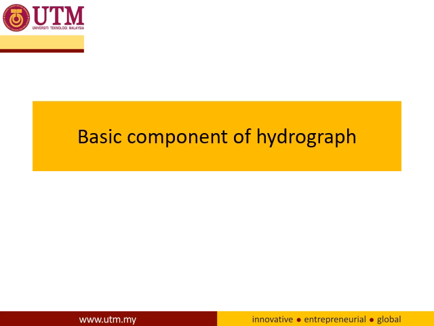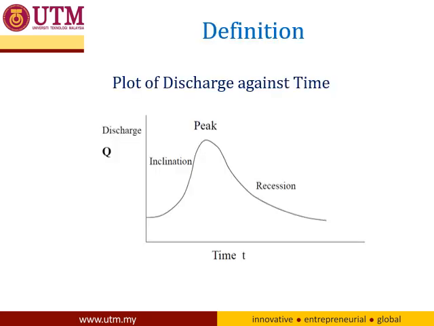So what are the basic components of hydrograph? Okay, so what is hydrograph? It's actually a chart of discharge against time. So the basic component of a hydrograph you must understand is that it has some inclination, okay, and then it has a peak and it will have some recession.